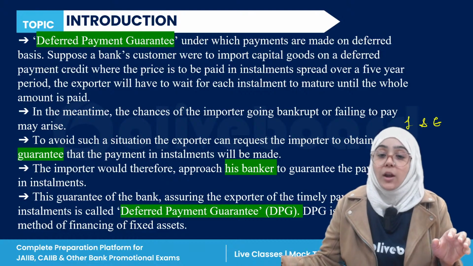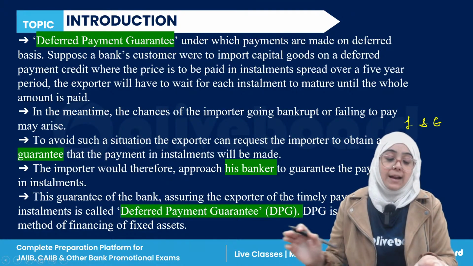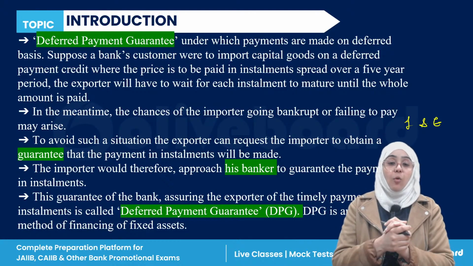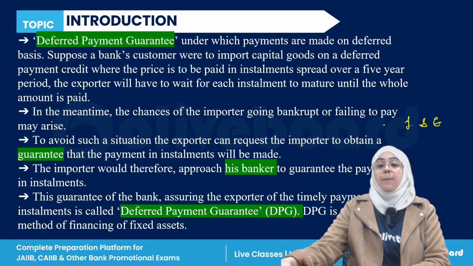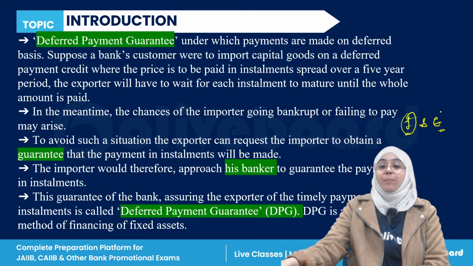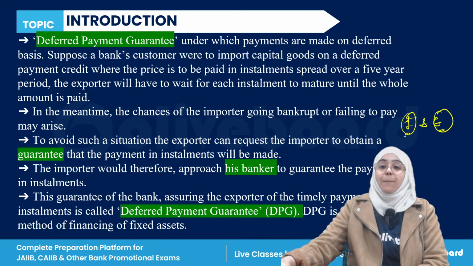When we are talking about import and export, we talk about the importer and the exporter. In this circumstance, for example, the exporter exports some goods worth rupees 10 lakh.